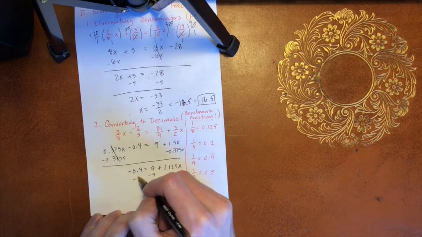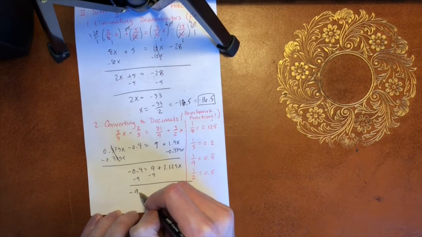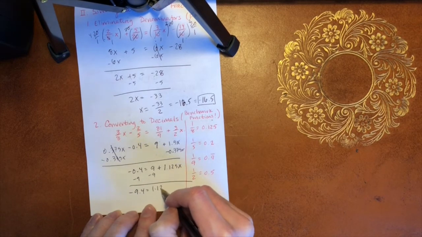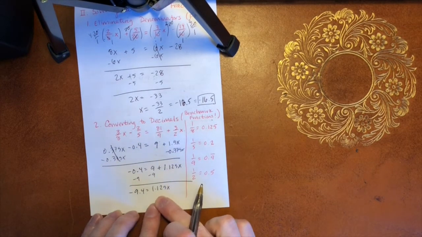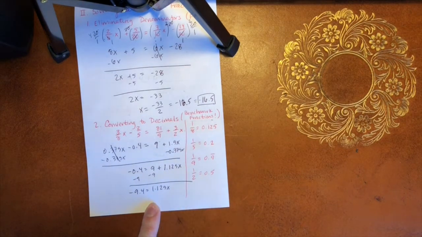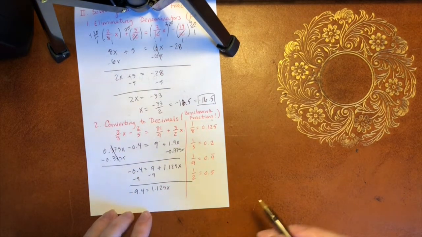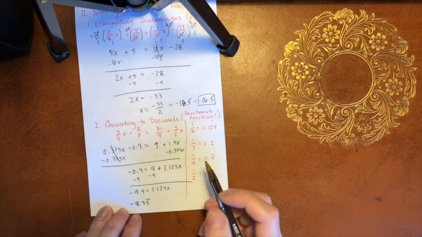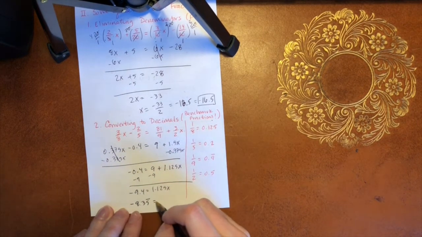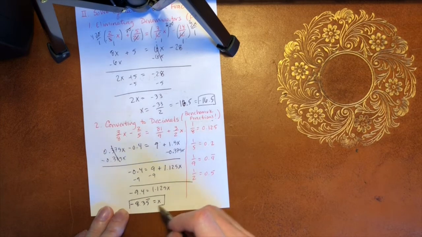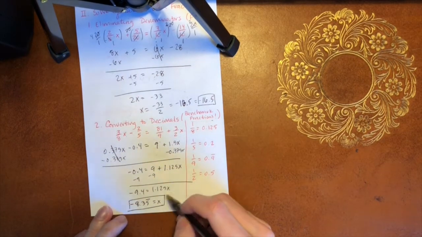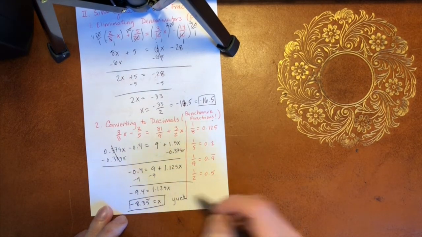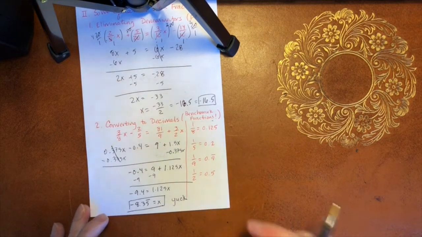Then subtract 9 from both sides. Negative 9.4 is equal to 1.125x, which is 1 1/8 x if we were to write it as a mixed number. And if we were to do the division here, we would get negative 8.35 with a bar over just the 5 is equal to x. So that's a pretty gross answer, but there it is.